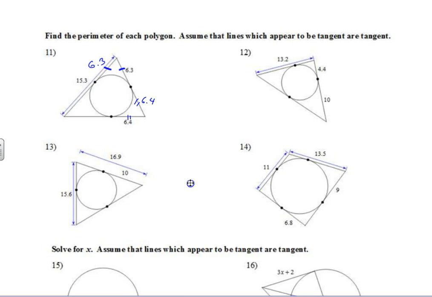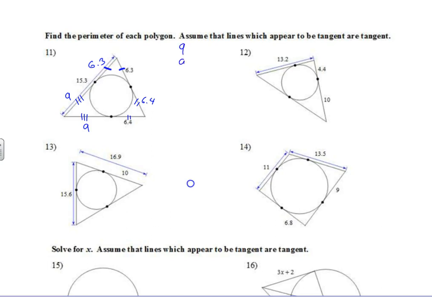So we can go ahead and figure out what this piece over here is, because this one and this one are going to be equal. So if I did 15.3 minus 6.3, I'd get 9. So therefore this side is 9. So when it's asking for the perimeter, now we just add all of those up.